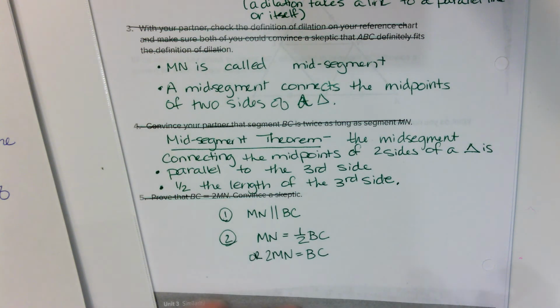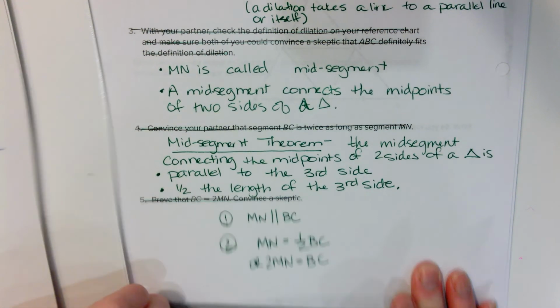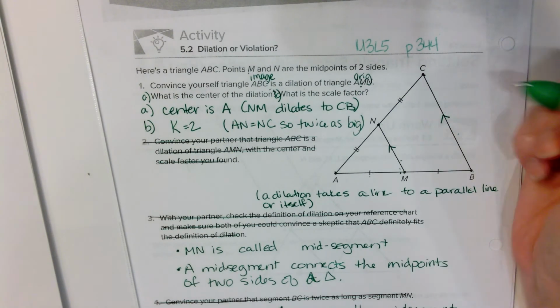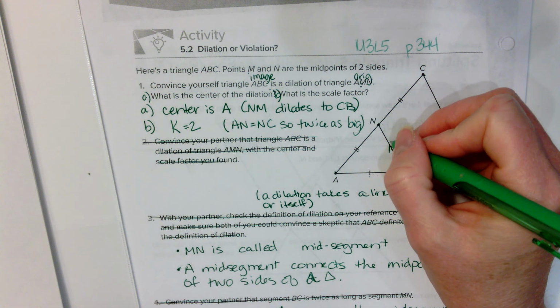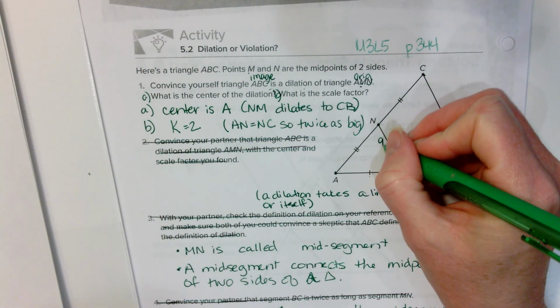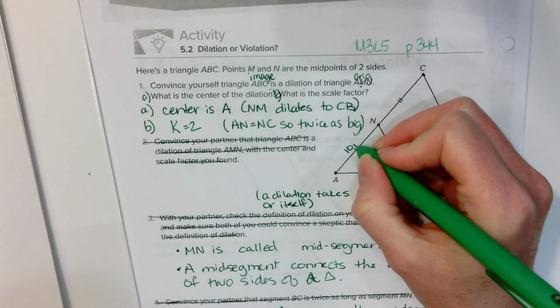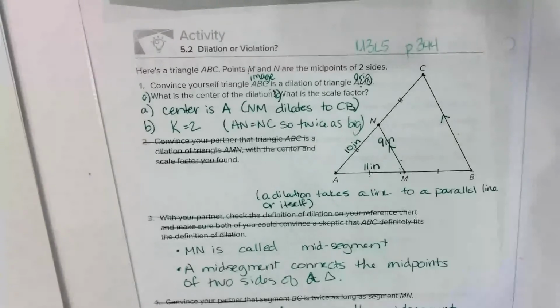So let's go back up to my two triangles and look at these two things in the picture. So we've already looked at it being parallel. Let's look at the length of it then. So let's pause for a moment and let this side right here, let's call this 9 inches. Let's say this side right here is 10 inches. And let's say AM is 11 inches.